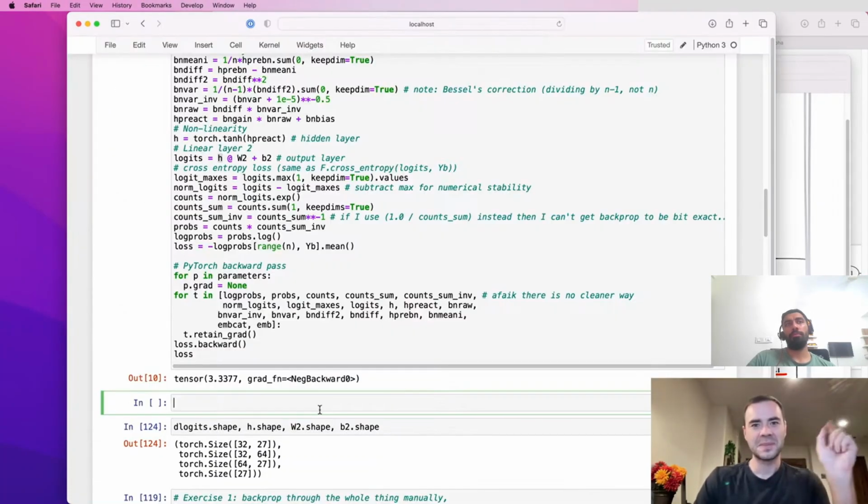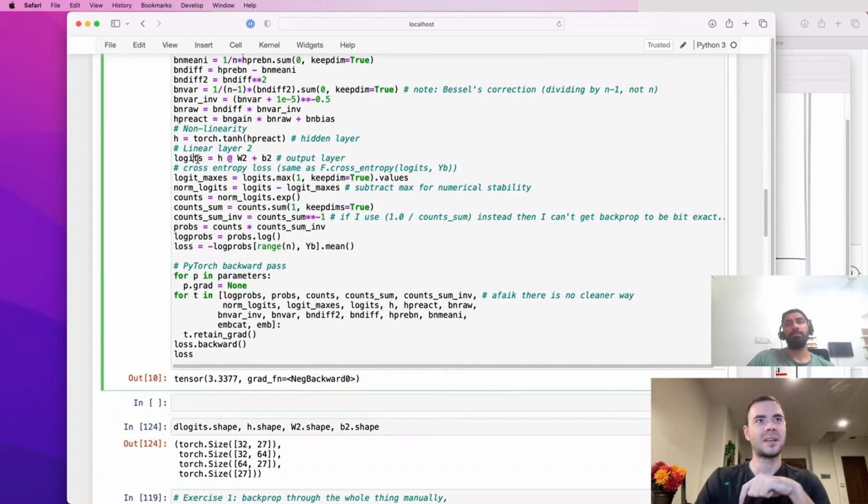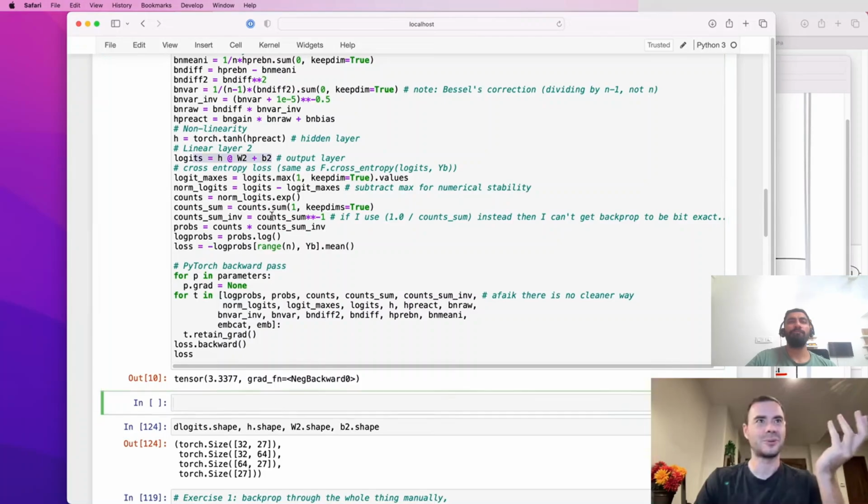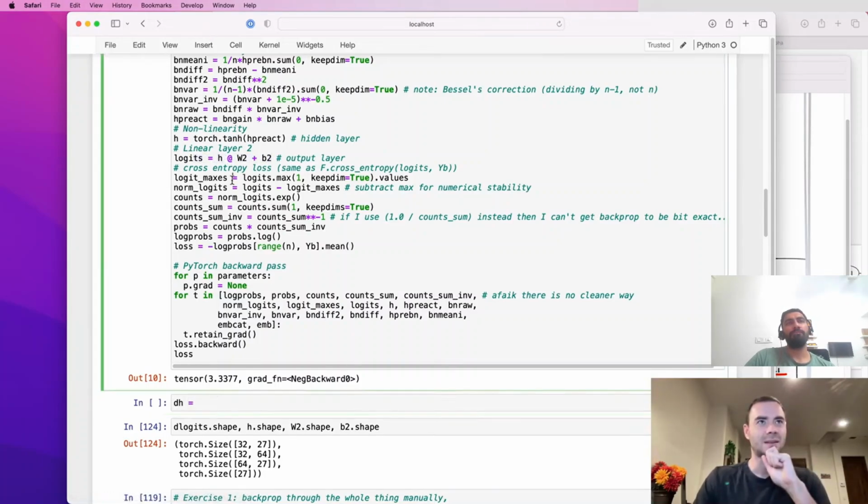Now, I'll tell you a secret. I can never remember the formulas that we just derived for backpropagating through matrix multiplication, and I can backpropagate through these expressions just fine. The reason this works is that the dimensions have to work out. Let me give you an example. Say I want to create dh. What should dh be? Number one, I know that the shape of dh must be the same as the shape of h, and the shape of h is 32 by 64.